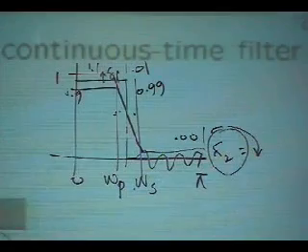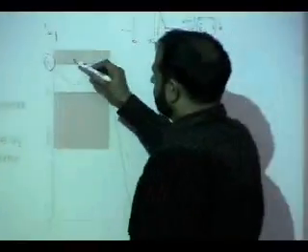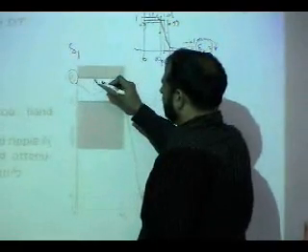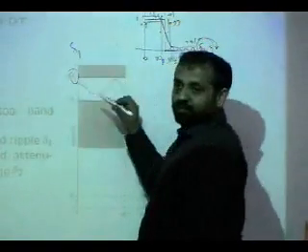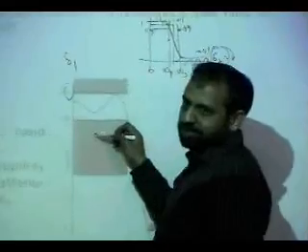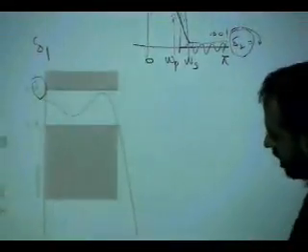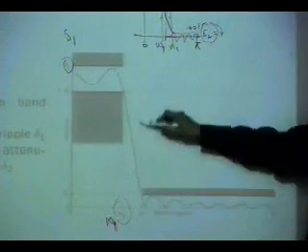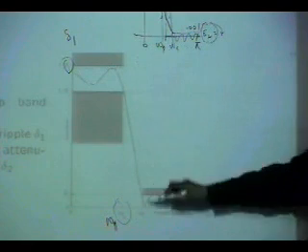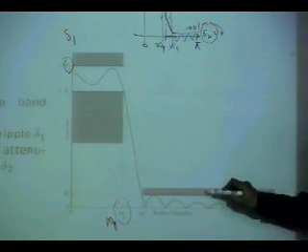So you need to specify delta 1. You want your frequency response to never go above 1 plus delta 1 or below 1 minus delta 1. Then it is omega pass. This is omega pass, and this is omega stop. Okay, omega pass and omega stop, and this is delta 2.